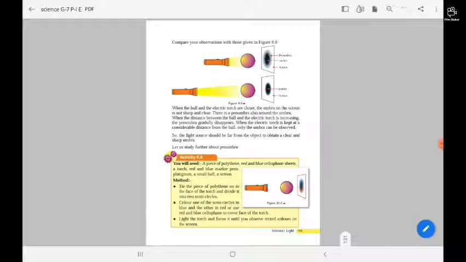That means the penumbra becomes invisible. So that means the upper light rays and the lowest light ray come onto the ball. So a penumbra does not form in there.